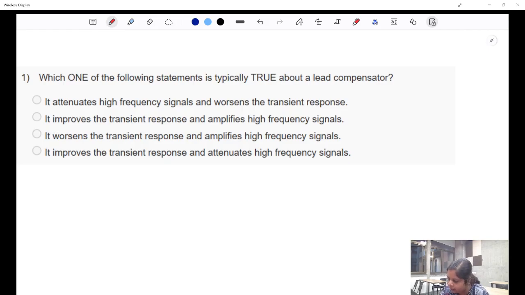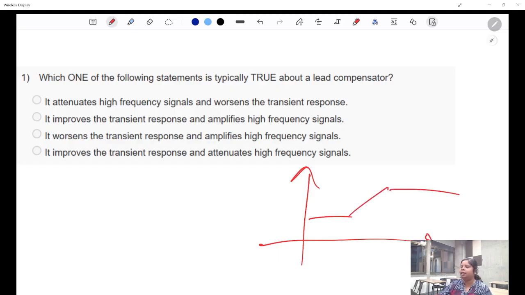No, it does not. It does not attenuate the high frequency signal, because we saw that the magnitude is even larger at higher frequency. And it worsens the transient response? No, it does not, because the bandwidth increases eventually.